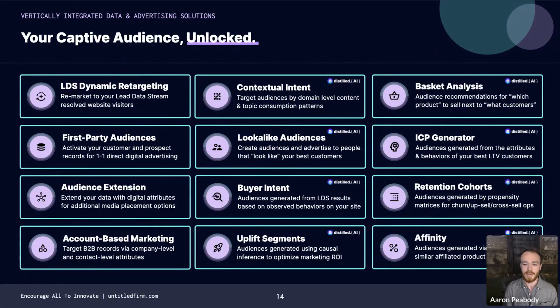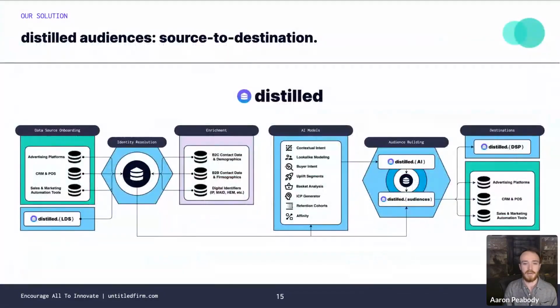The problem, at least historically, if we go into what Distilled does, is that this section over on the right side, destinations, was a little bit cumbersome on our users. And so we had all of this robustness in terms of bringing data on, our identity resolution processes, enrichment models, et cetera.